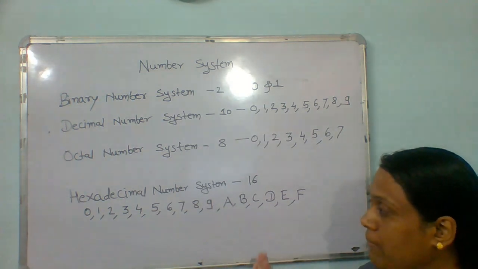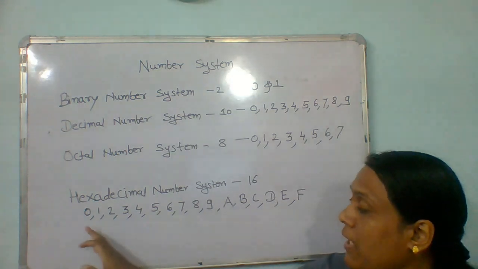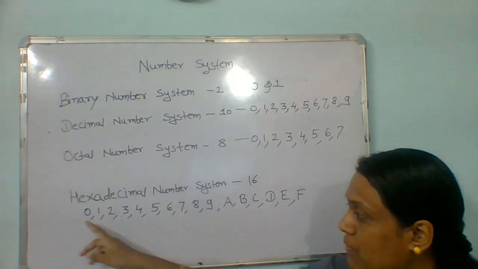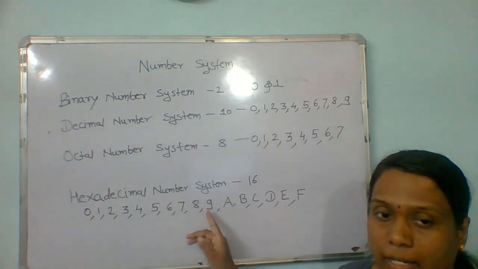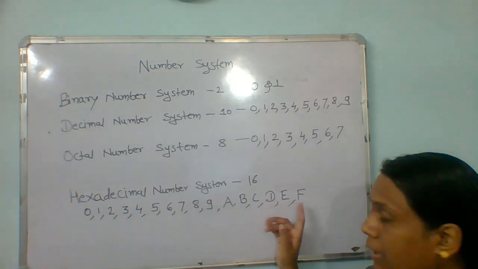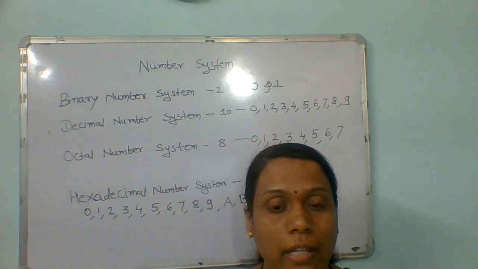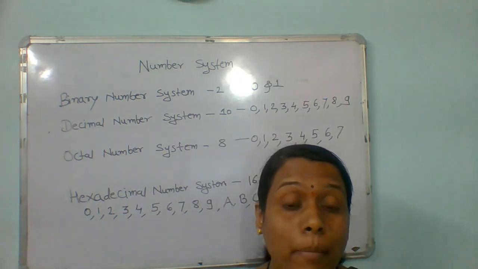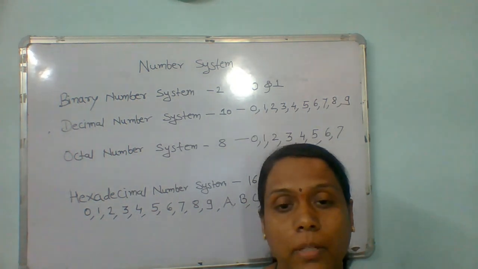Now the hexadecimal number system. This is a little bit different, as it consists of 16 symbols: from 0 to 9, and the alphabets A to F, that is 0, 1, 2, 3, 4, 5, 6, 7, 8, 9, and the alphabets A, B, C, D, E and F. So when we form a number using the hexadecimal number system, it is formed by a combination of numbers and alphabets.